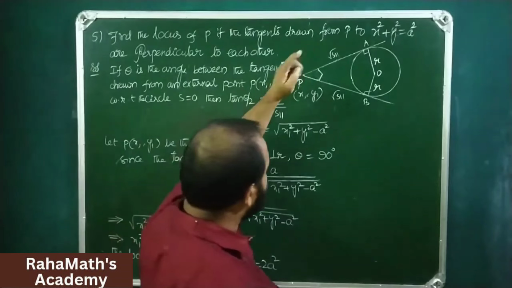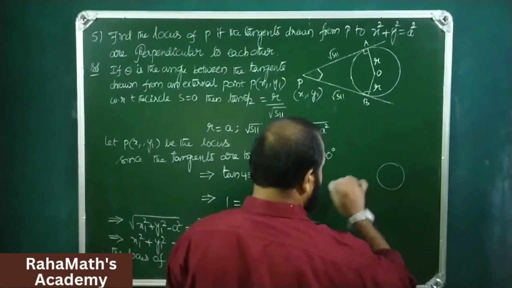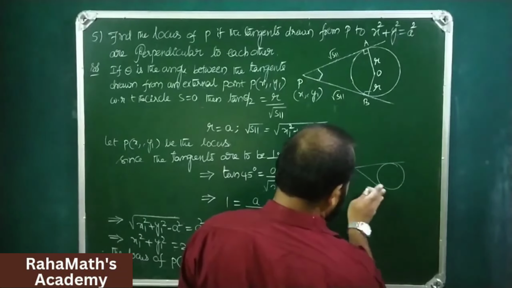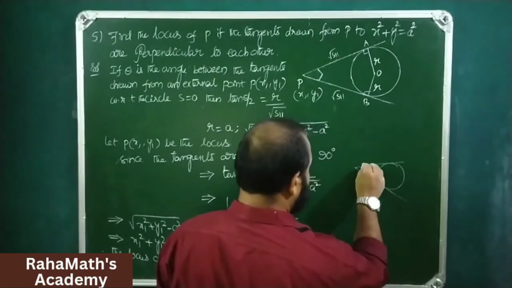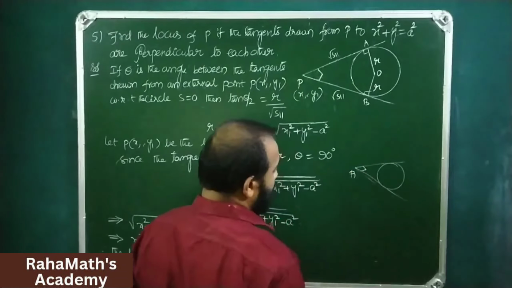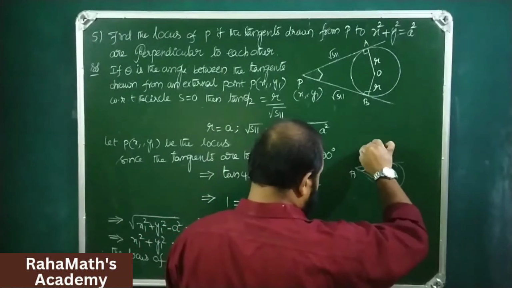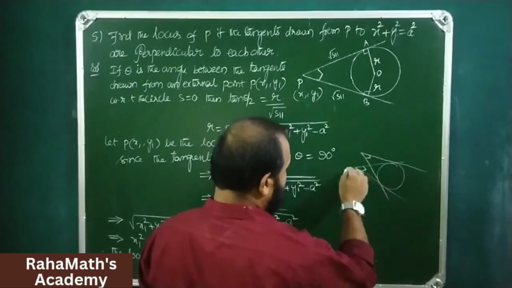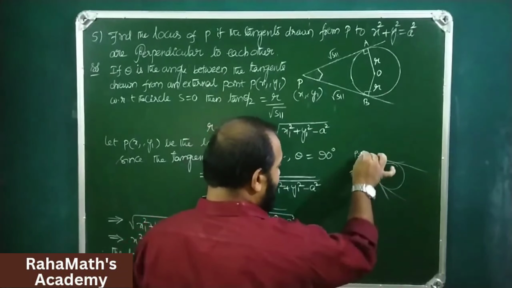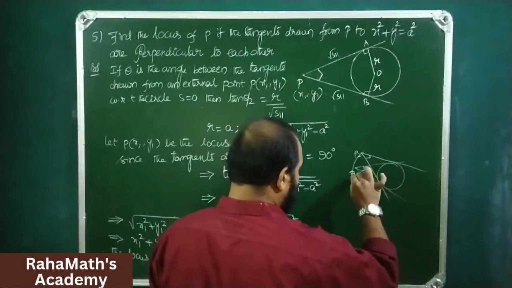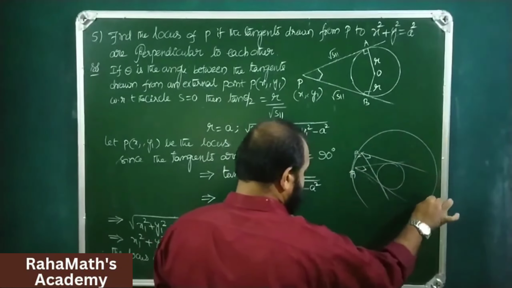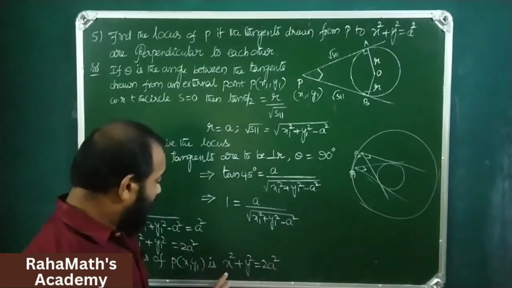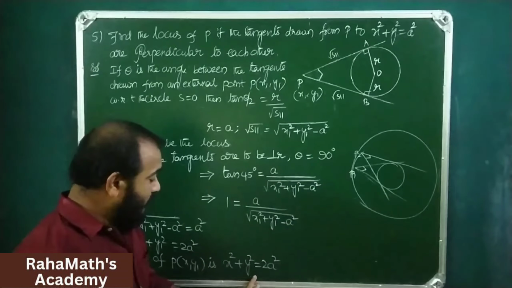following the two tangents to be perpendicular, there would be so many points. From this point P, two tangents are drawn, and this is perpendicular. This is P1. From this point, two tangents are drawn, and they are perpendicular to each other. This is P2. So likewise, if I join all these points P3, P4, etc., that represents x square plus y square equals 2a square.